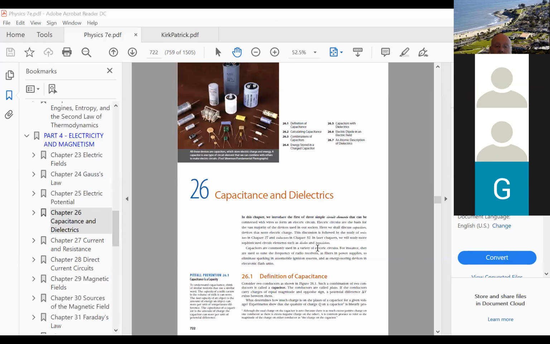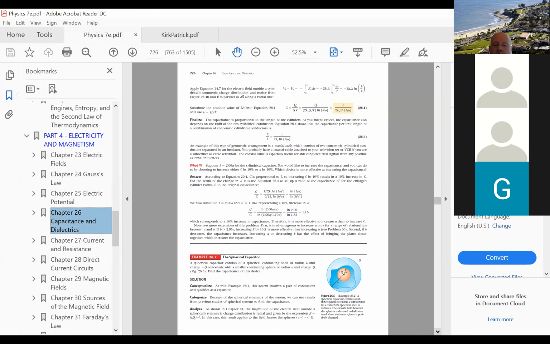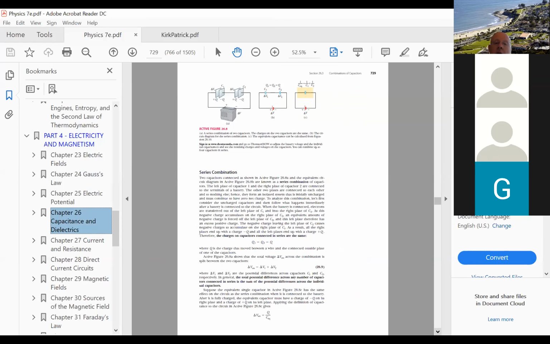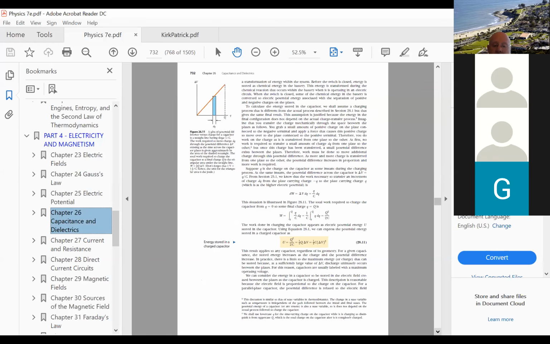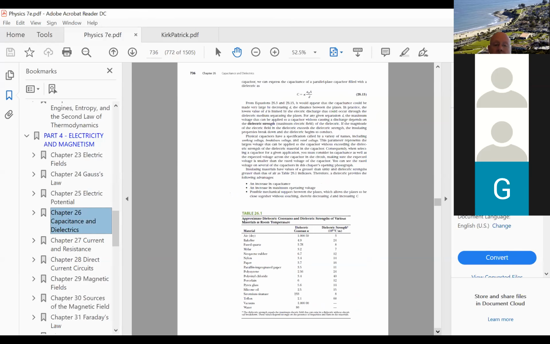So here is the start of chapter 26. Let me just go through the pages because they first just talk about capacitors in general and free space without any material in there. Here we go. This is it. Here's table 1.